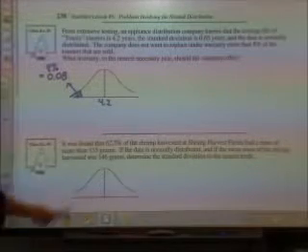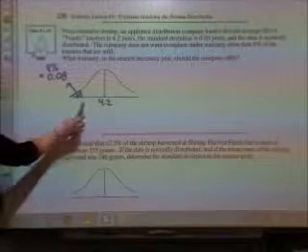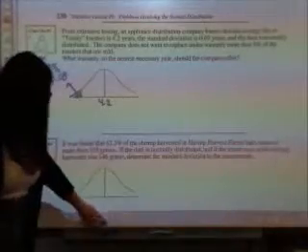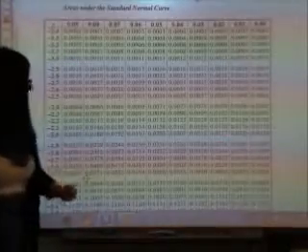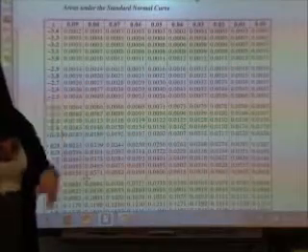So what I want to do is use this area to find out what's the Z-score. So that if I read the Z-score to the left of it, I get 0.08. So this time when we look on our Z-score table, we're looking in here. And we're looking for 0.08.